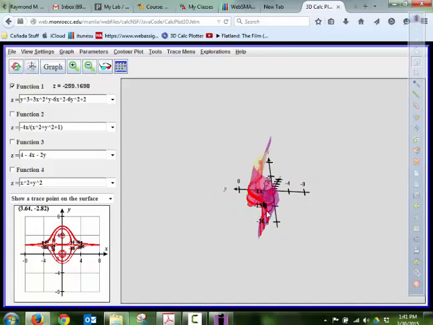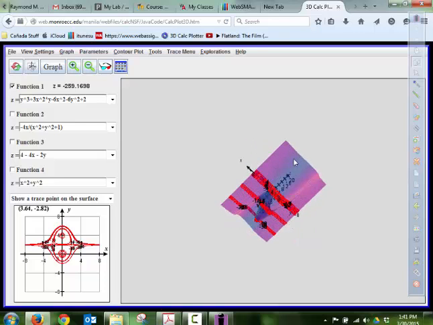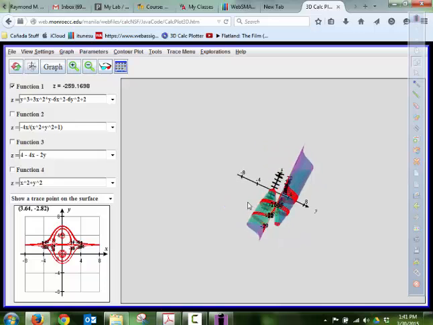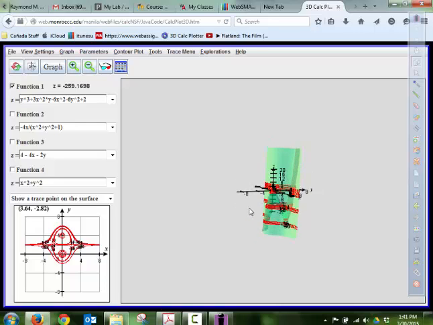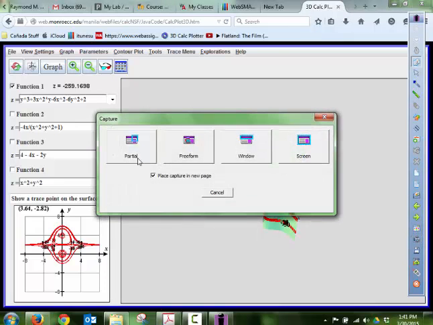I don't know what the best view here is. So let's see. Maybe we'll take a look at this view like this. And the scatter plot, you can kind of see the scatter plot. Kind of looks interesting. But let's point out some of those critical points from the scatter plot.